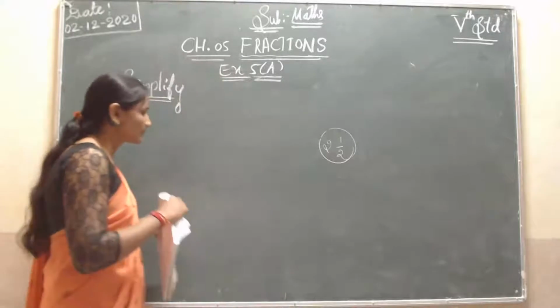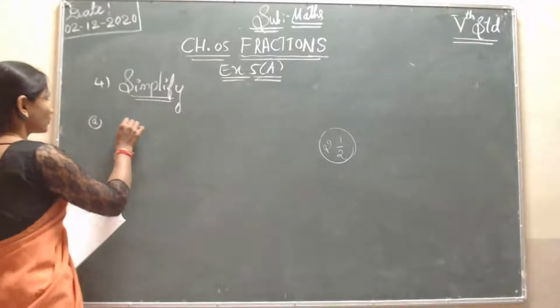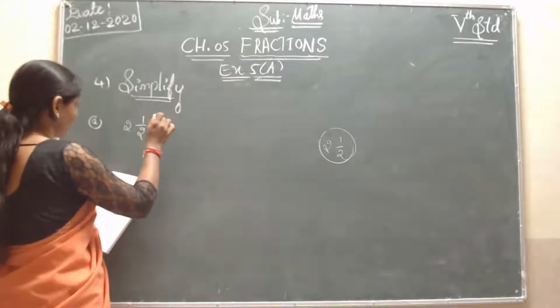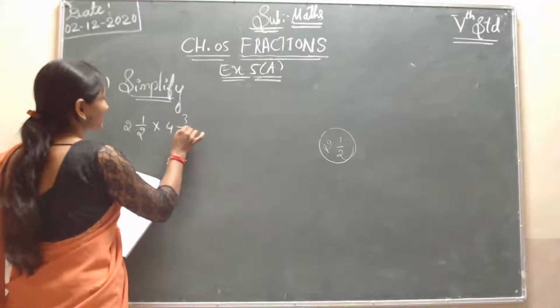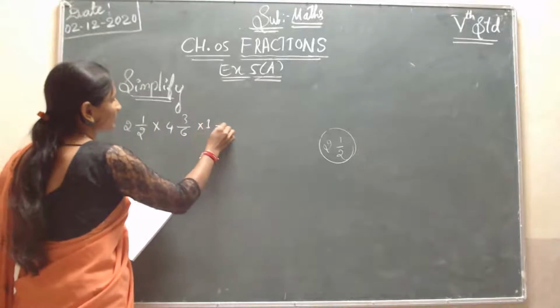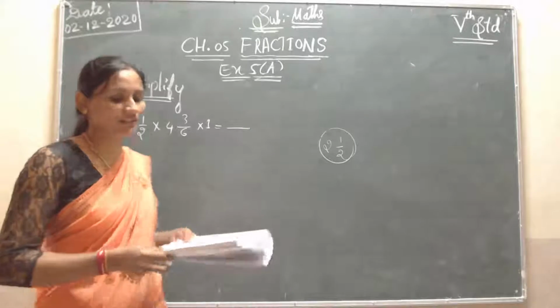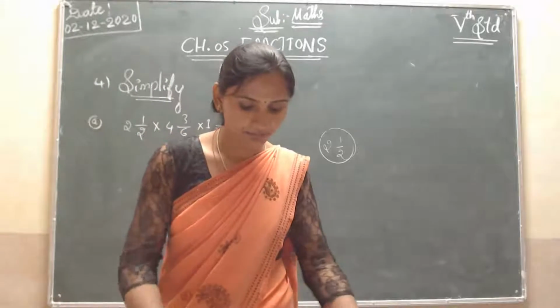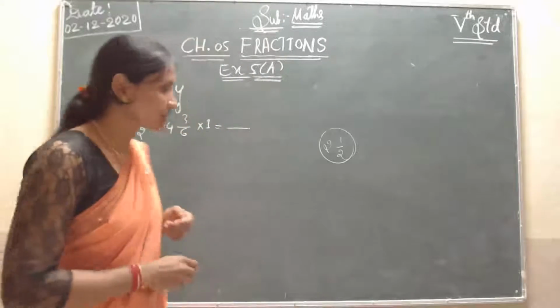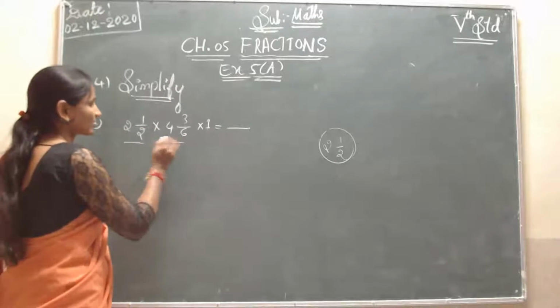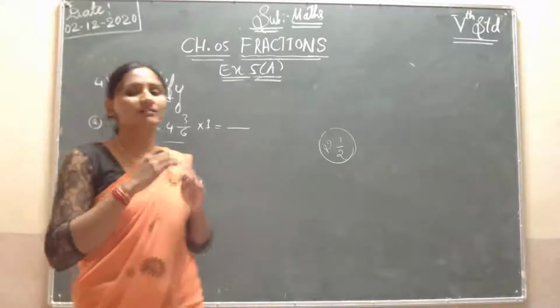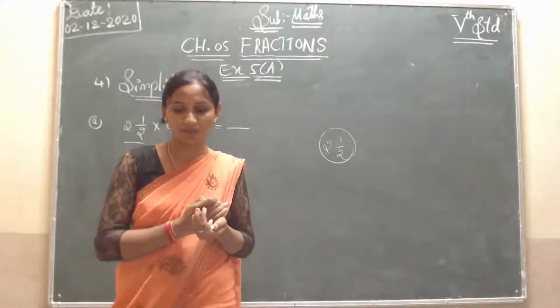Students, in the simplify question, 2 whole 1 by 2 into 4 whole 3 by 6 into 1 is equal to dash. This question is given as mixed fractions, so you have to convert them to improper fractions.